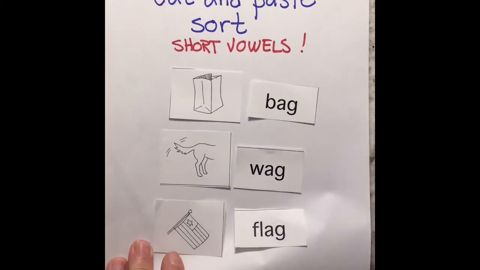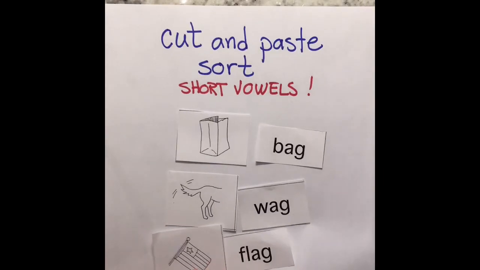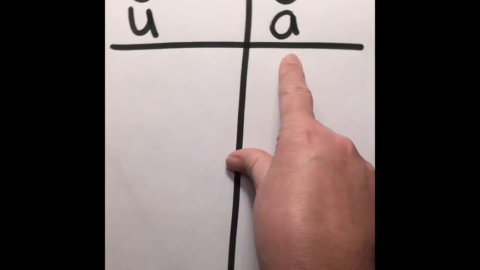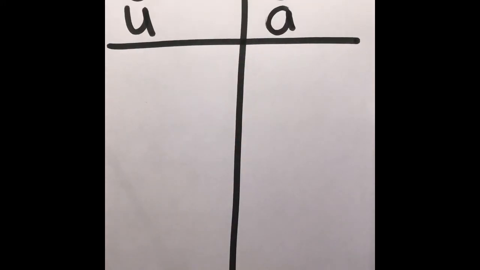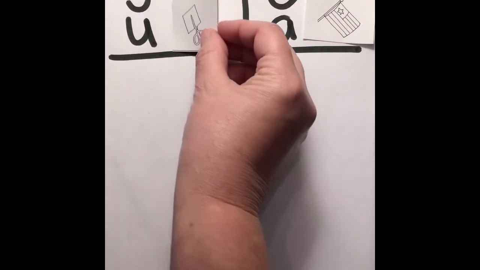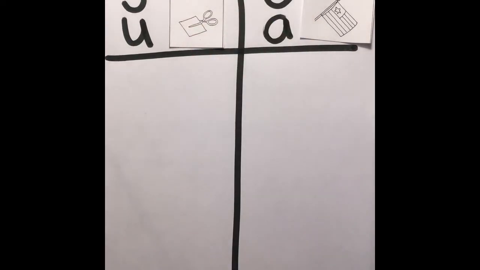All right. After we've done a cut and paste sort, so we've done the work to help kids know how to read these words, then the next thing we're going to do, maybe this is Wednesday, is a closed teacher-directed pattern sort. So this sound is A, class, and this sound is U, that's right. Now let's remind ourselves what these sounds are. I'm going to put flag next to A, and I'll put cut next to U, just to remind us.